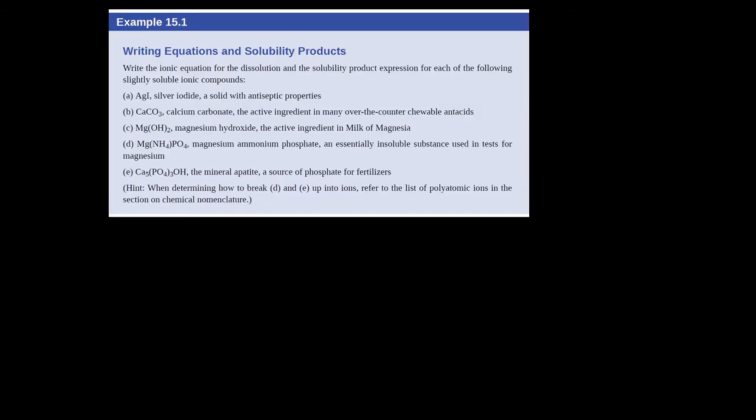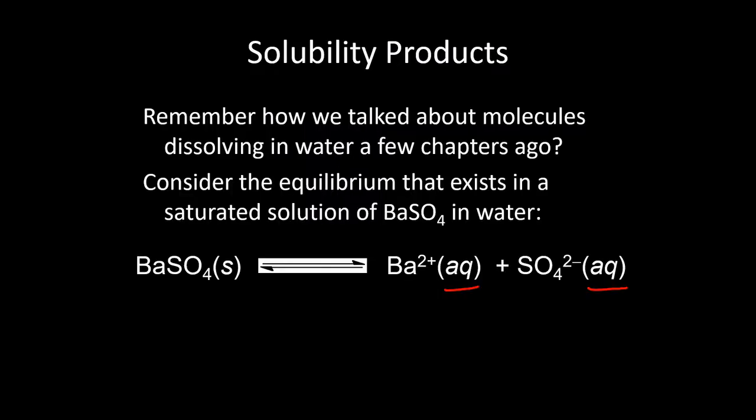So when we're writing the solubility product, which is what we're going to call the equilibrium constant for this type of reaction, let's take a step back here. When we're writing the equilibrium expression, if you remember, we called it Kc before. That is always products over reactants.